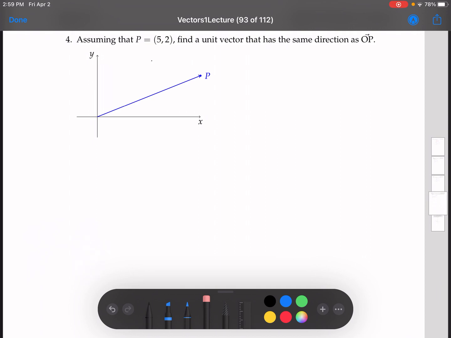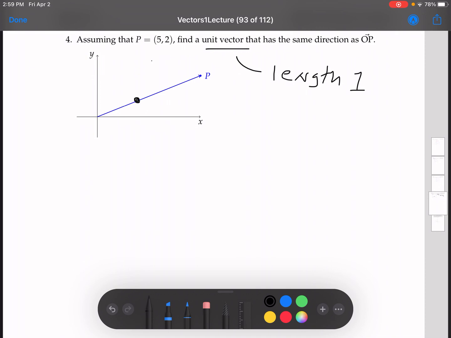So if we want to make a unit vector, a vector that has length 1, that goes in the same direction as this blue vector here, essentially what we need to do is figure out how much to divide 5 and 2 by to get a vector with length 1.